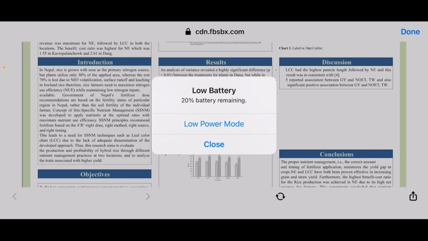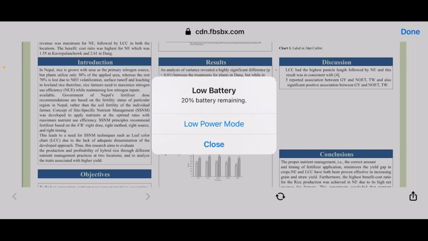The mean number of tillers per meter square was 315.50 in Dang and the overall field respectively.